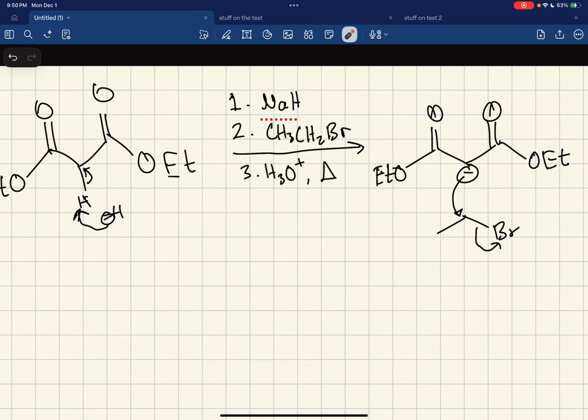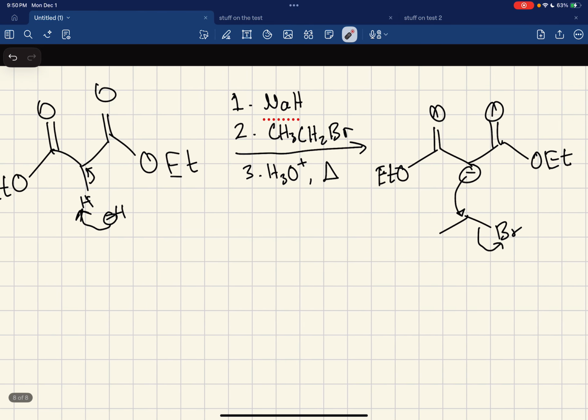So you don't actually need quite as strong of a base, but I'd say just keep using a strong base. I don't know if the test will ask about that, but NaH is just always great. I think, I hope so. Yeah, I think that should be fine. So what's interesting about this?